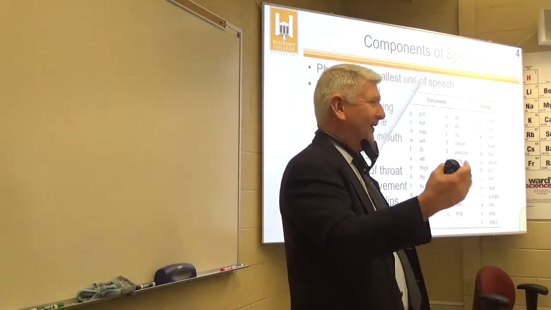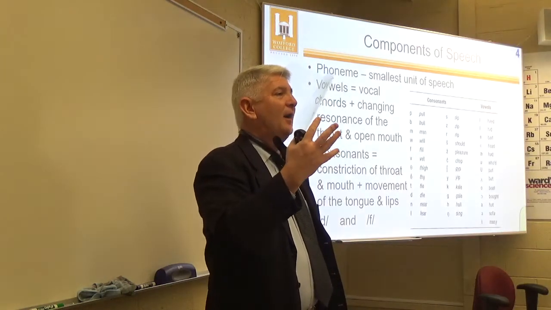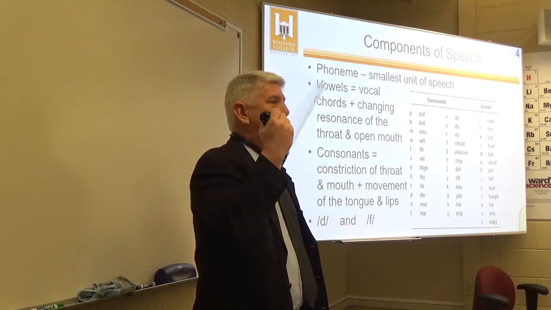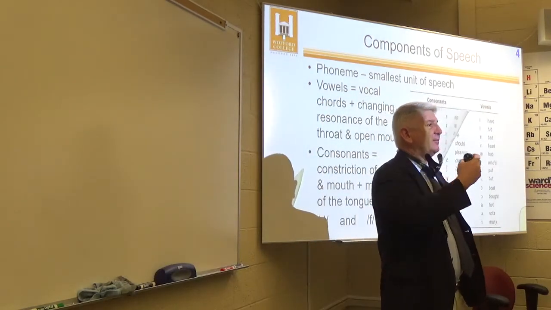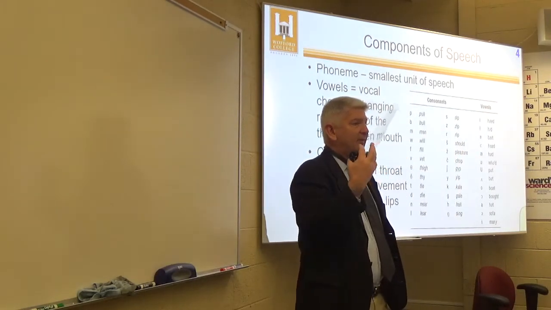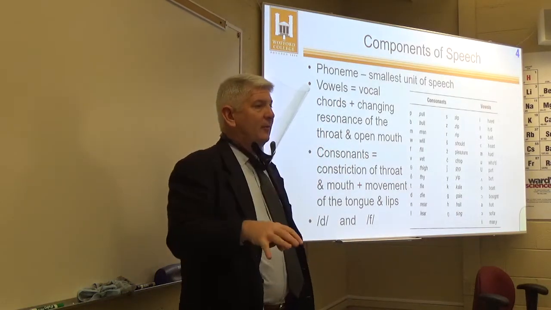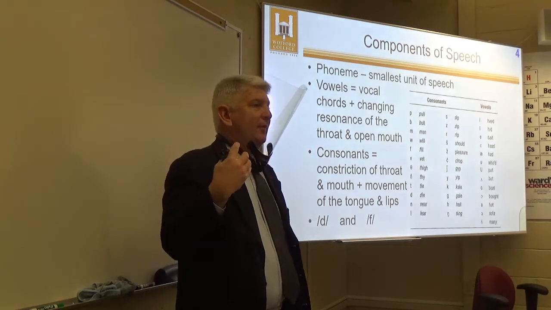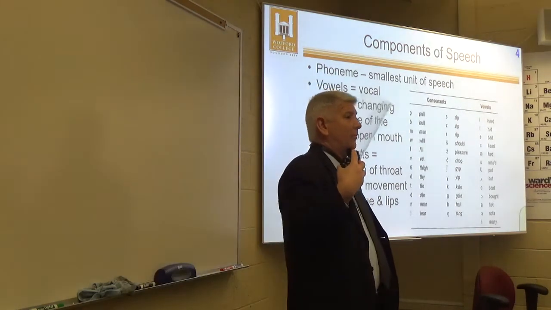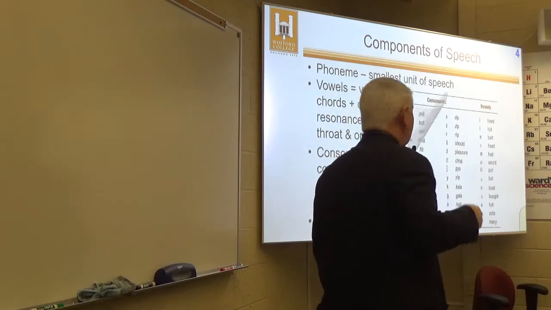Da, fa. Right? So da has your tongue starts at the top of your mouth and comes down. Fa starts with your bottom teeth at the top of your lips and then the mouth opening. Right? So fundamental differences in the way the articulators move in order to produce those different consonant sounds.